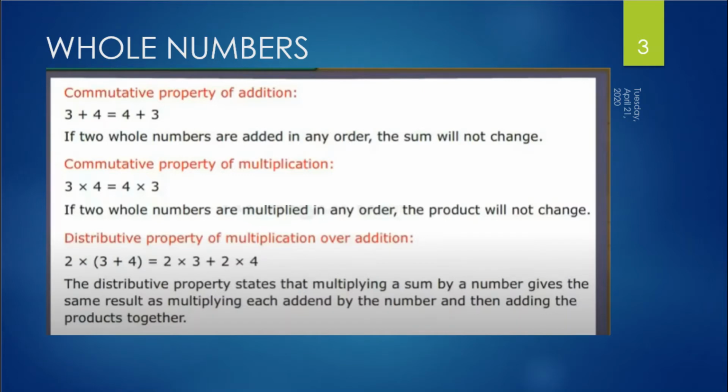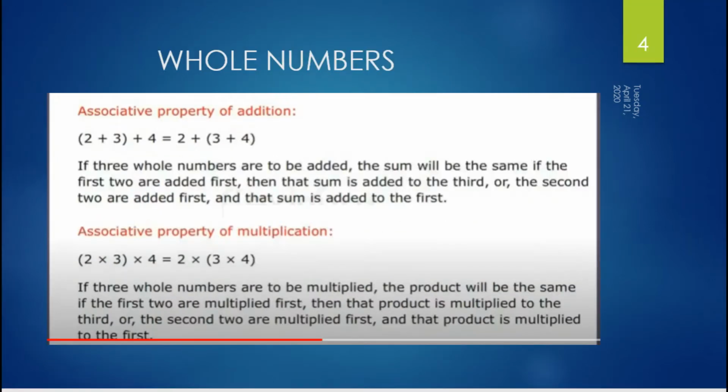Like I have given here the example 2 multiplied by, within the bracket, 3 plus 4, equal to: the number outside the bracket will be distributed to both the addends, like 2 multiplied by 3, plus 2 multiplied by 4. So adding the products together. This is called the distributive property.